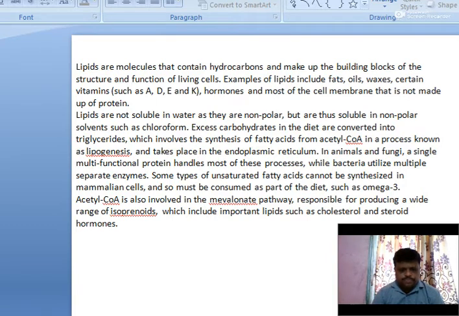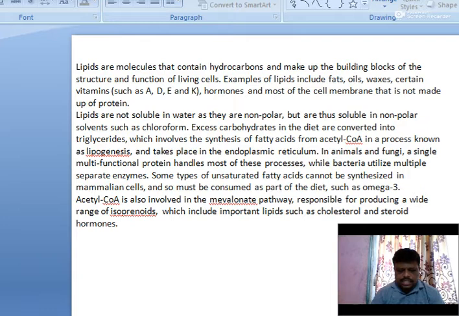One by one. As far as fatty acids are concerned, there are two types of fatty acids based on the type of bond present between the carbon atoms. Let us see the first type, the saturated fatty acids.